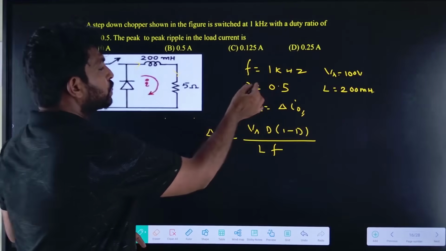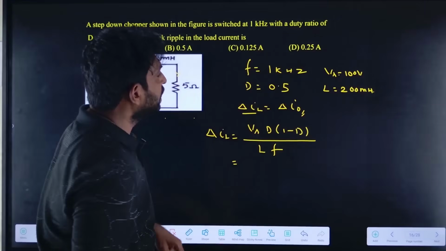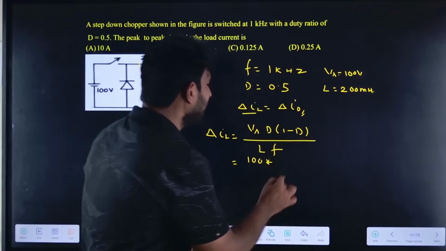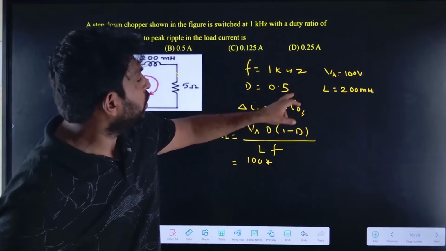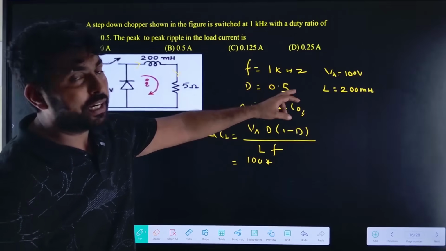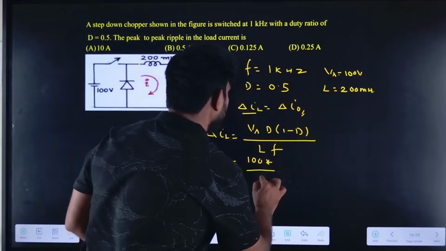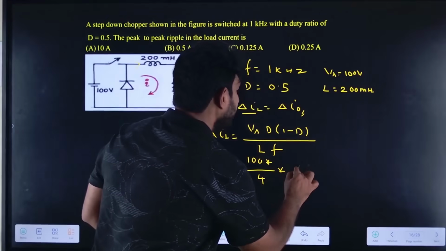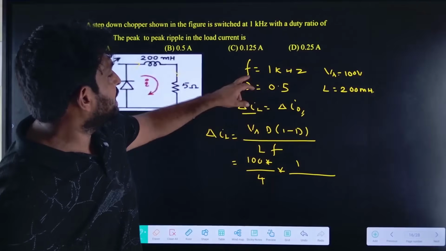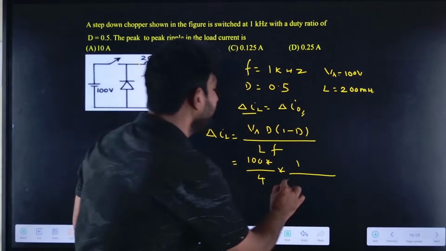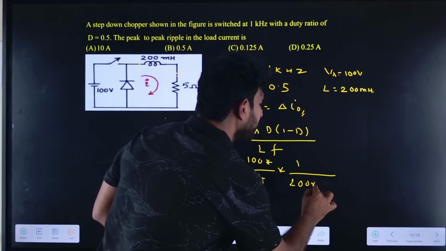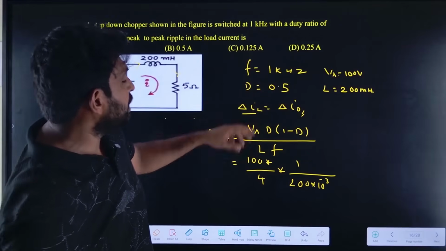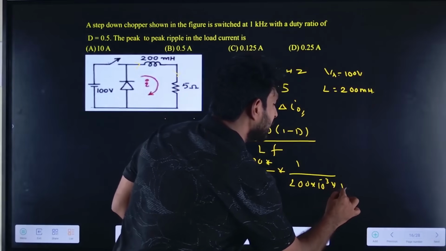Here Vs is given as 100 volts, and D is given as 0.5, that is 1 by 2. So 1 by 2 into 1 by 2 is 1 by 4, divided by LF. L is given as 200 into 10 power minus 3, and F is given as 1 kilohertz, that is 10 cube.